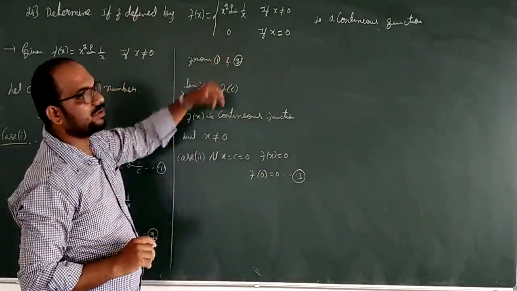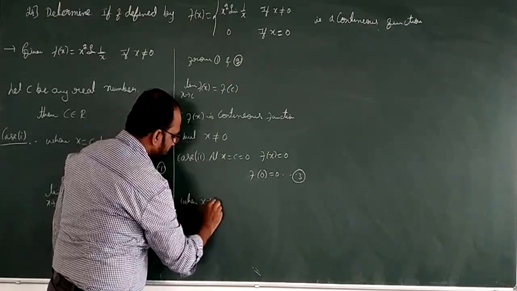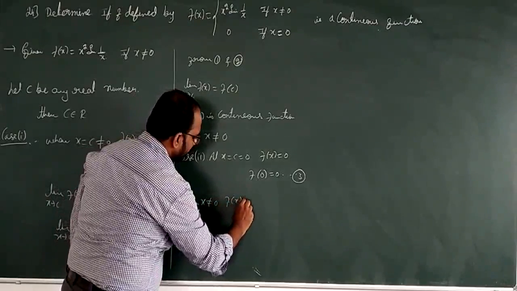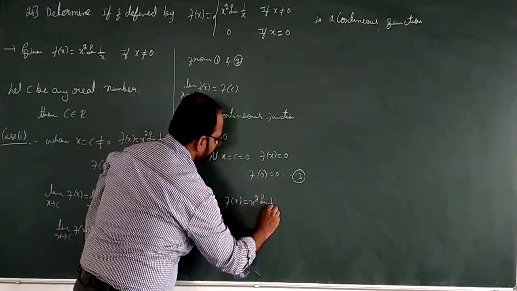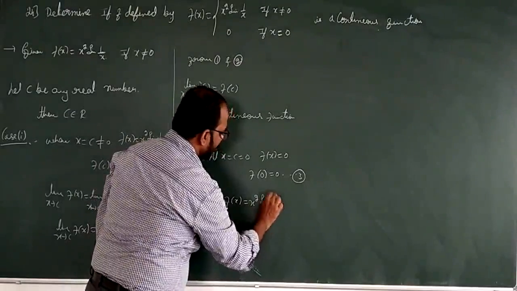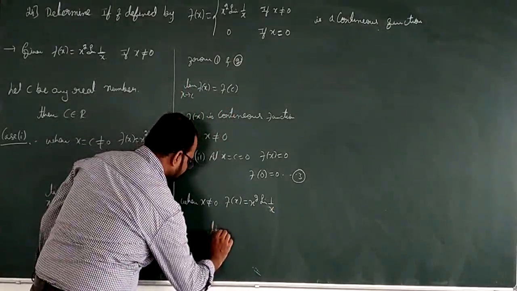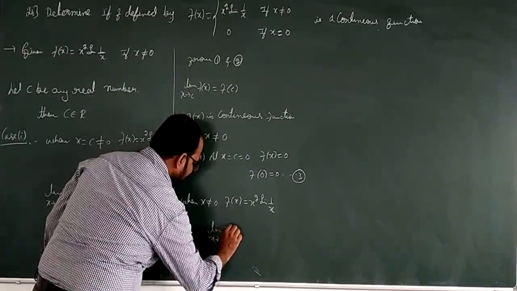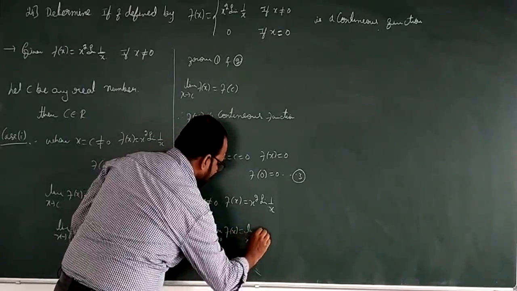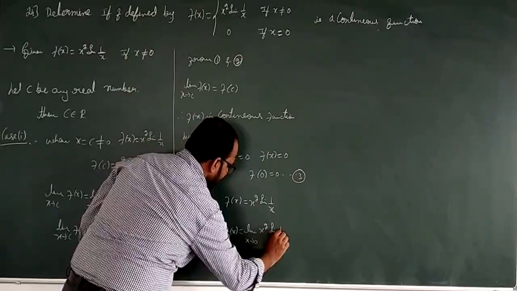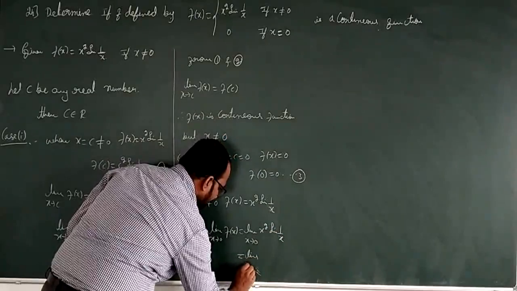When x is not equal to 0, f of x is equal to x square into sin of 1 by x. Apply limit on both sides. Limit x tends to 0 f of x is equal to limit x tends to 0 x square into sin of 1 by x.